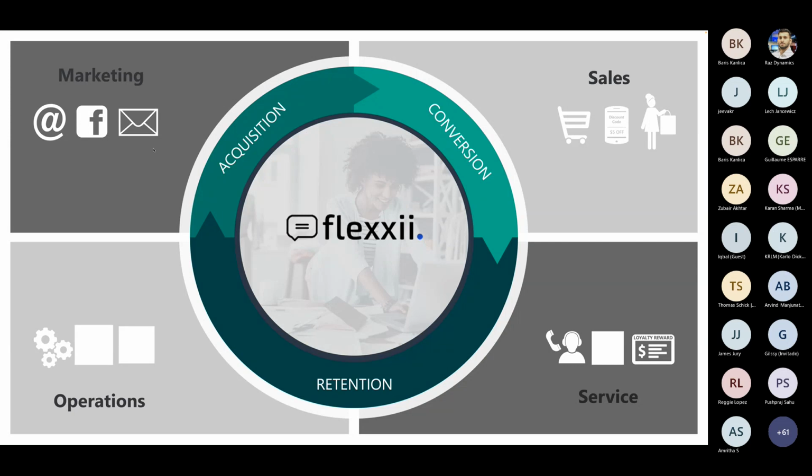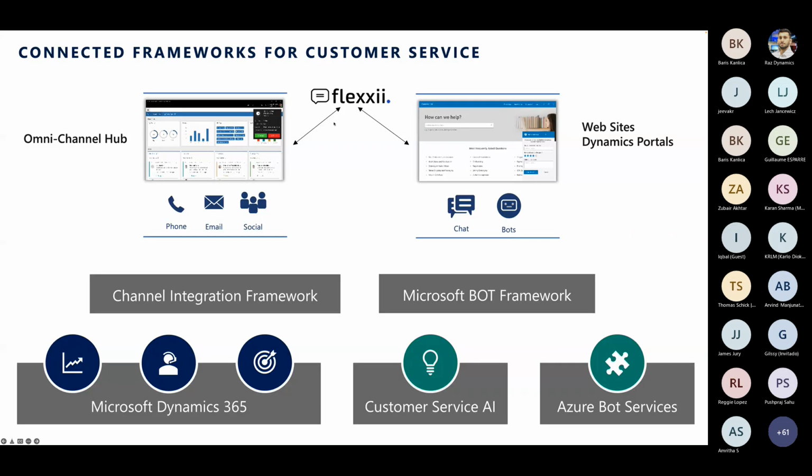This is the point actually. At the moment, WhatsApp and SMS are much better channels for marketing than email. So basically, this solution, Flexi, sits between Omnichannel Hub, website, Dynamics portals, and social media.